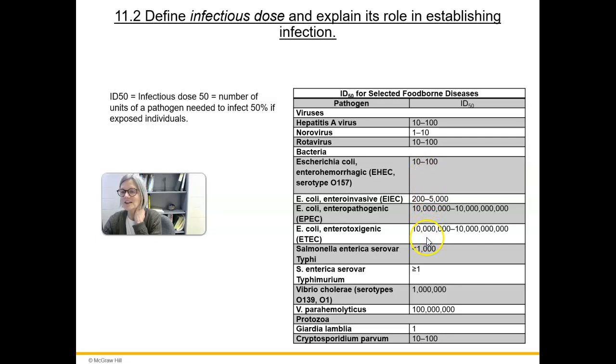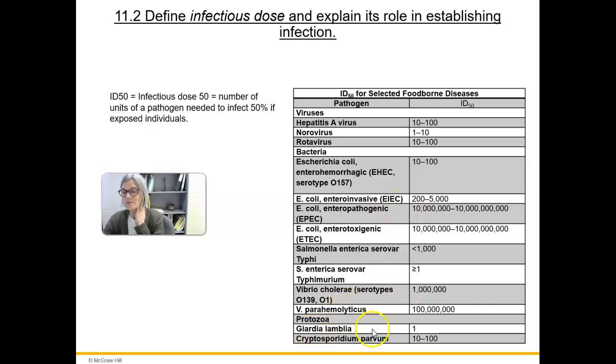But if you look here, this enterotoxigenic E. coli, it takes a lot more E. coli cells to cause a disease. So the infectious dose is much higher for this, and so you're less likely to contract that illness. And this is just something important to understand about how much risk you are willing to take.